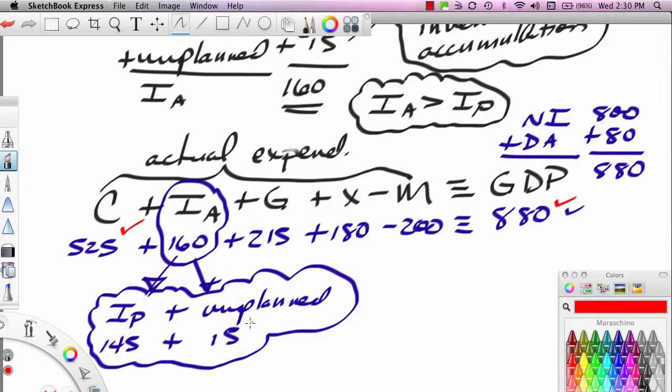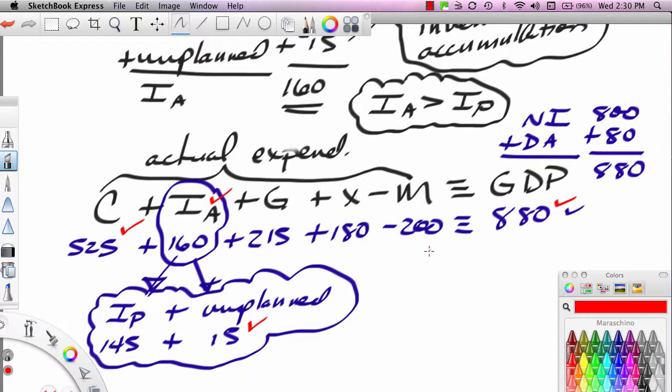Well, if we make it and we don't sell it, it's going to be counted as part of unplanned investment, which means it'll ultimately show up as part of IA. So something that is made and sold is counted as part of C. Something that is made this period but not sold is counted as part of I. Both of those affect GDP.